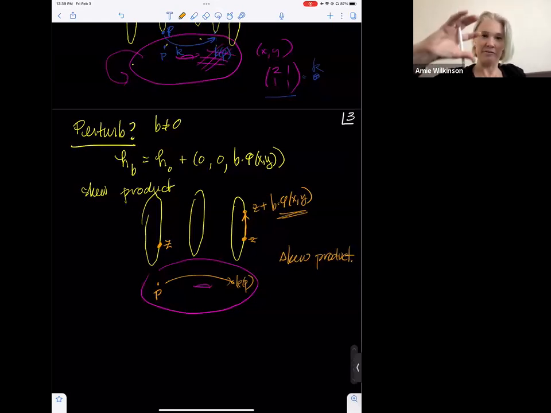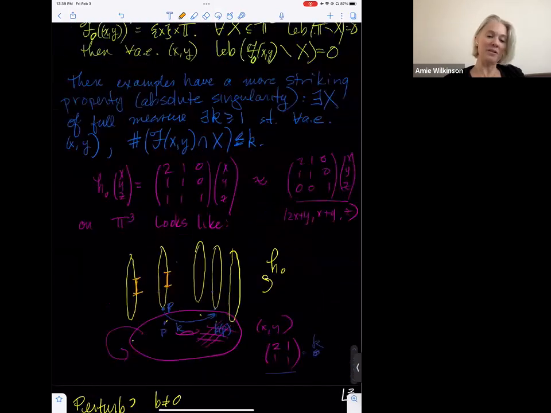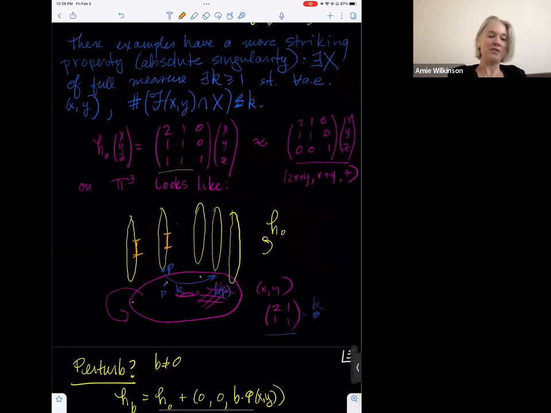The base is chaotic, the fiber is not, but now H0, is it the first matrix or the block diagonal? No, it's the first matrix, but the first matrix actually also preserves the circles.